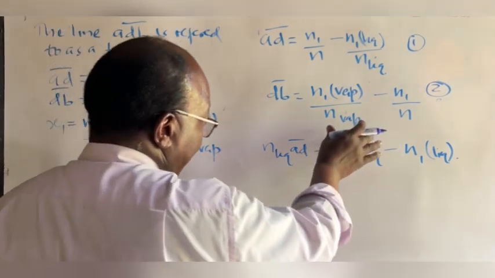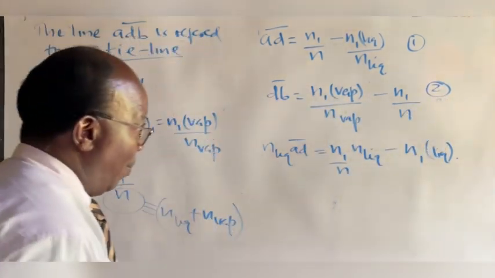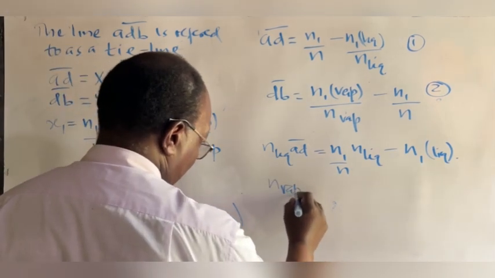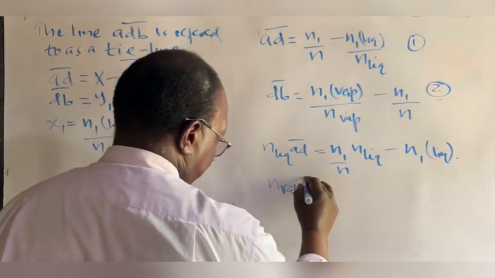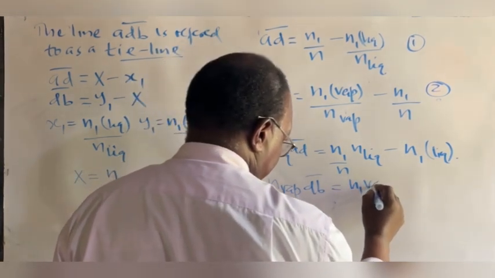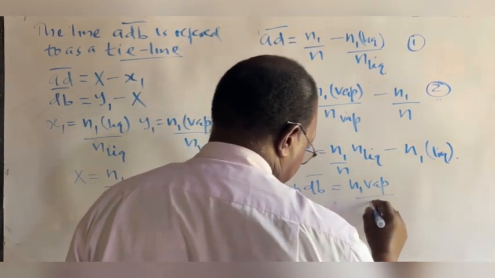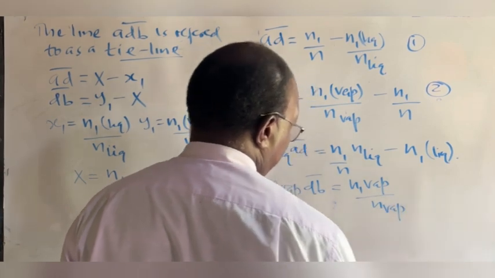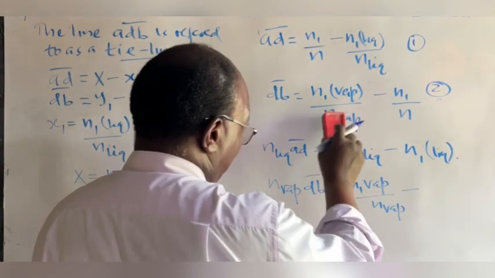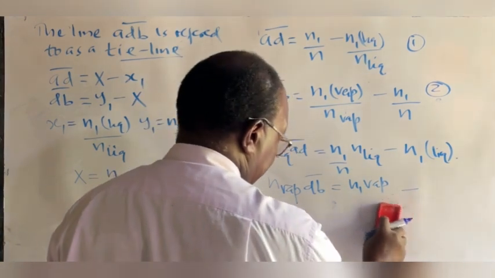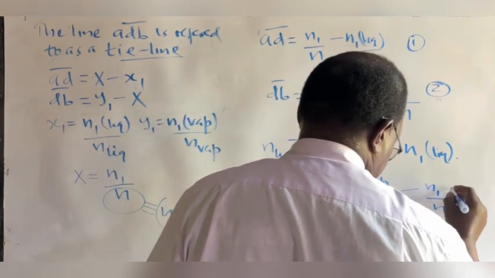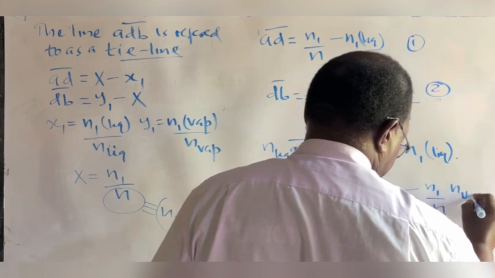And cross multiplying expression 2 by N vapor, we get N vapor DB as being equal to N1 vapor divided by N vapor minus, since we multiplied by N vapor, so that N vapor has disappeared, minus N1 over N vapor.